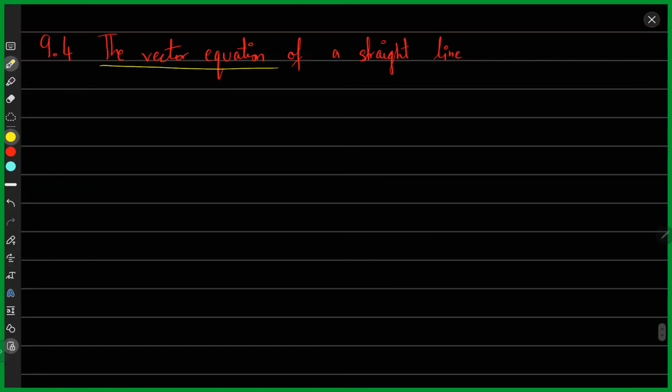Okay, this is the fourth section. It's 9.4. The vector equation of a straight line. So let's talk about this.